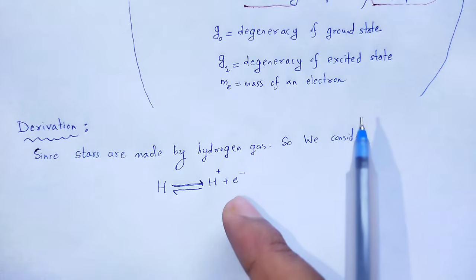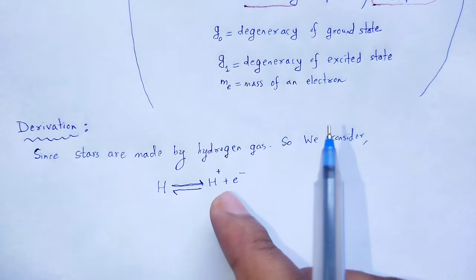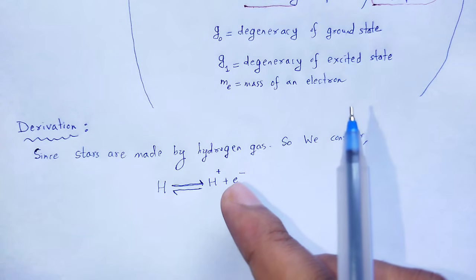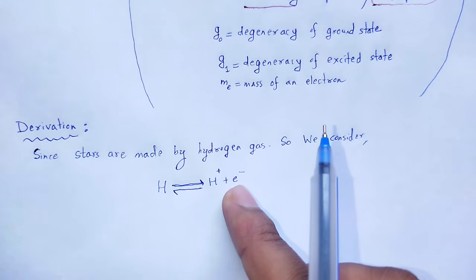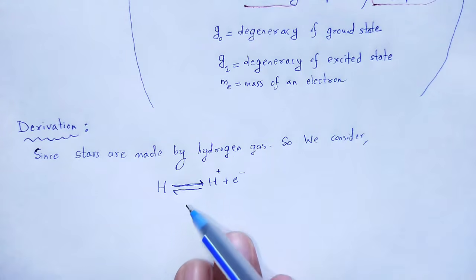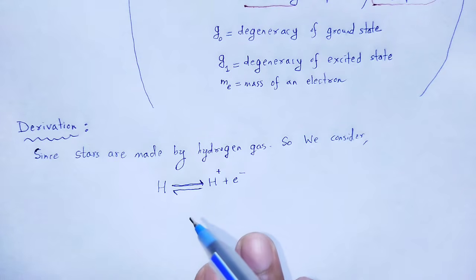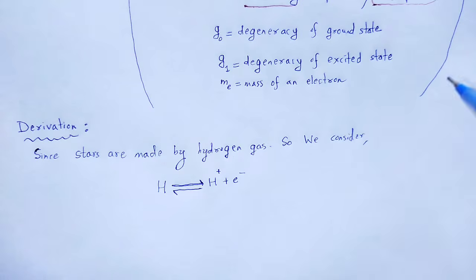The phenomenon of stripping of valence electrons is known as thermal ionization, which is accompanied by electron capture to form neutral atoms. Basically, by considering the hydrogen atom, we derive Saha's ionization formula.